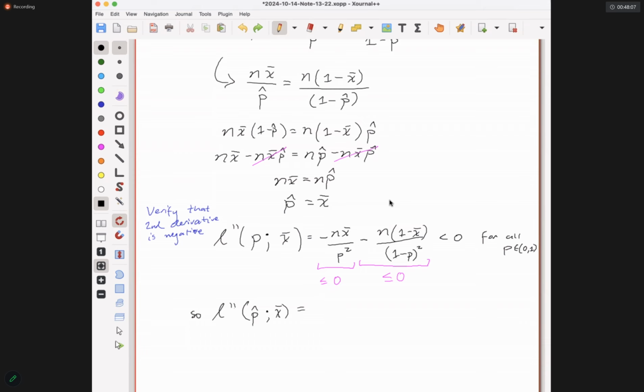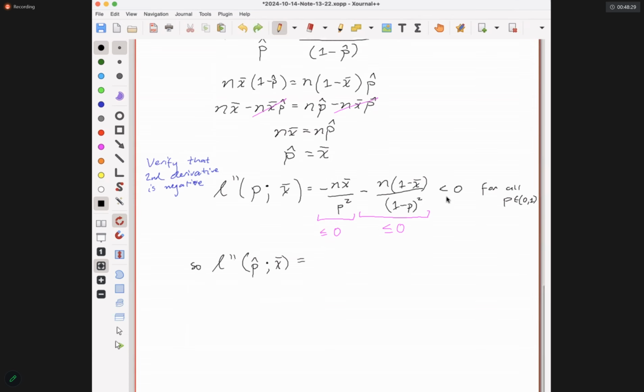So the negative n times x bar divided by p squared has to be negative unless it's 0, which would be if x bar was 0. Now this one, the n is positive because it's the sample size. The 1 minus p squared is positive because p is positive. And 1 minus x bar is either positive, or if x bar was 1, that would be 0. But in that case, this whole thing would be 0 and this whole thing would be negative.